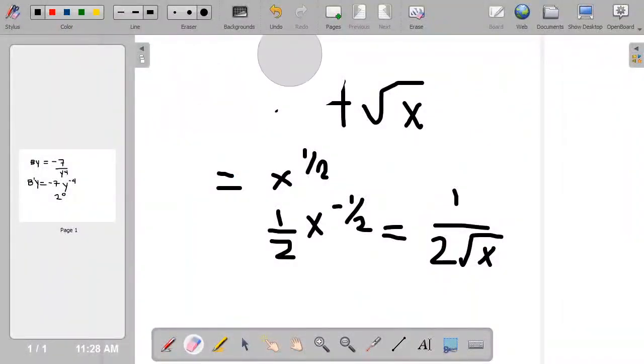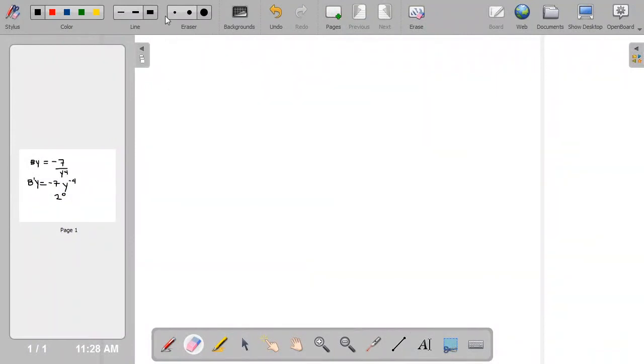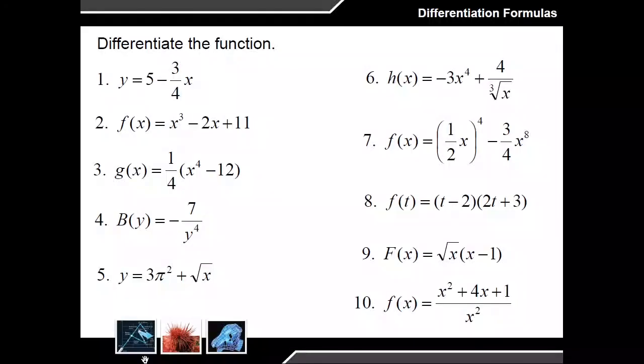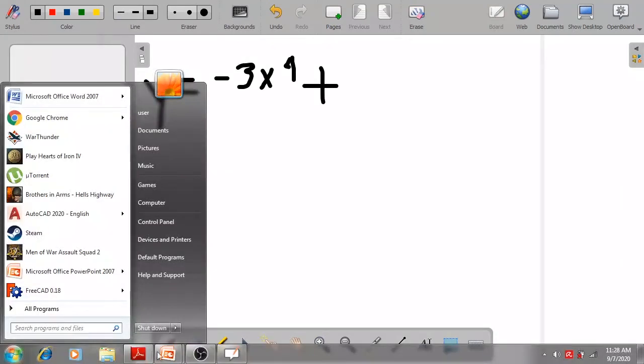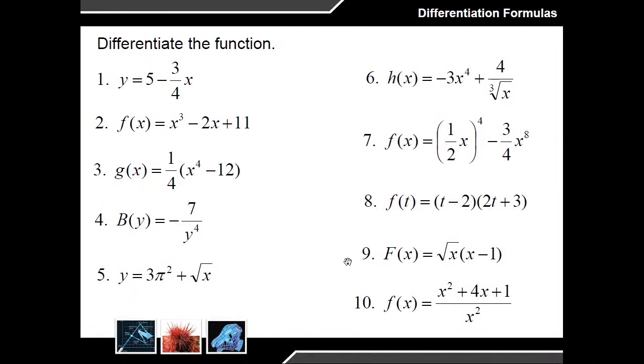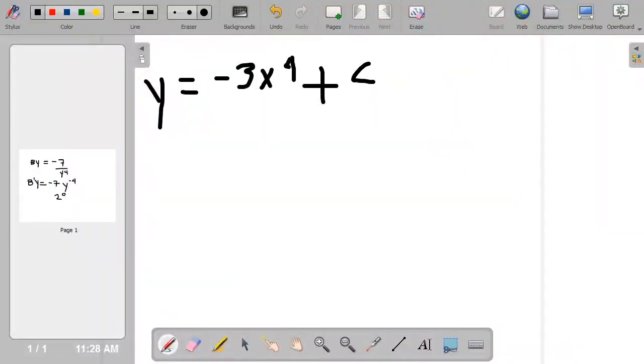Y is equal to negative 3x raised to 4 plus 4 over cube root of x.